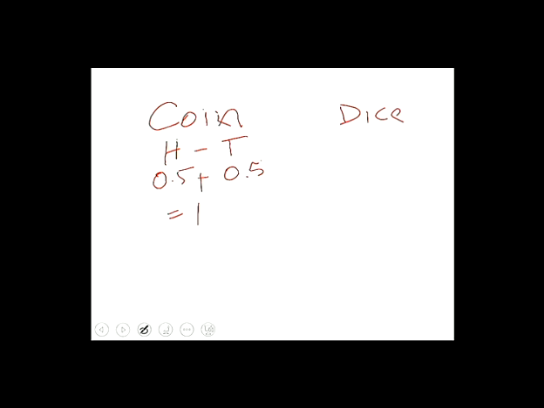The probability of every side is 1 by 6. So the probability of 1 is 1 by 6, plus the probability of 2, 3, 4, 5 and 6. So 6 times 1 by 6 is also 1, right? So basically it's a simple probability distribution that the sum of all possible outcomes should be 1.